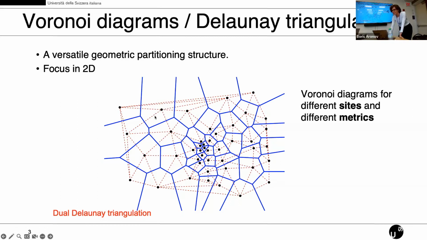So every cell here is closer to one site than to any other. The dual graph of the Voronoi diagram is what you see in red here, which is the Delaunay triangulation. By definition, if you take any triangle in the triangulation and the circle defined by the 3 points of the triangle, it is empty of other points. But you can also define it as the dual of the Voronoi diagram.